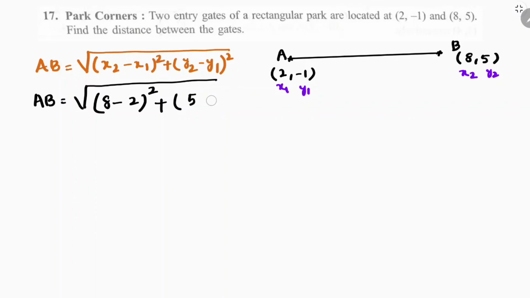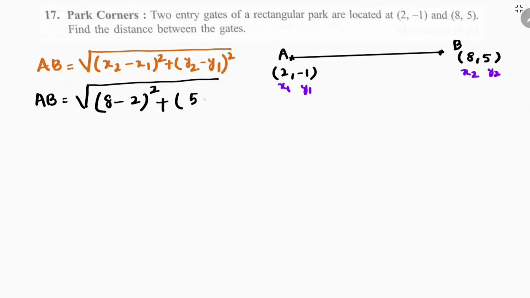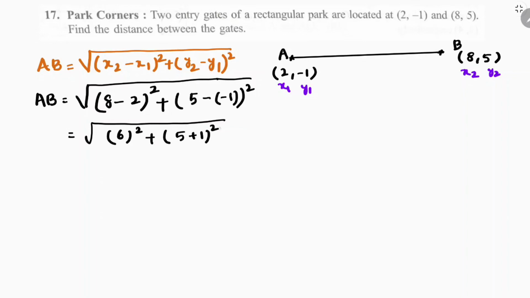Or you can write this way, minus of minus 1 whole square. So it will be 8 minus 2, 6 square, 5 plus 1, 6 square.